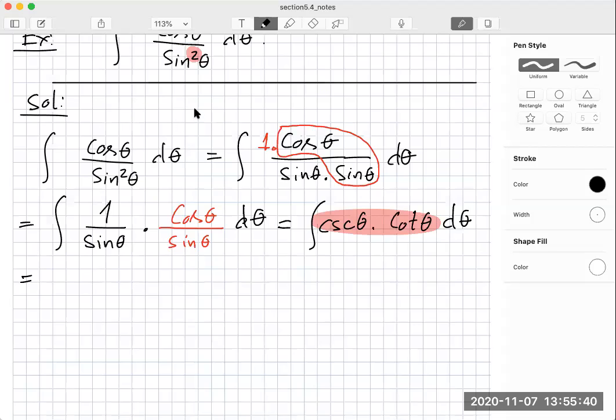It is negative cosecant x. Very good. And remember, we are computing the indefinite integral. We must add a number c, which is a constant, right? So it's not very different, right?